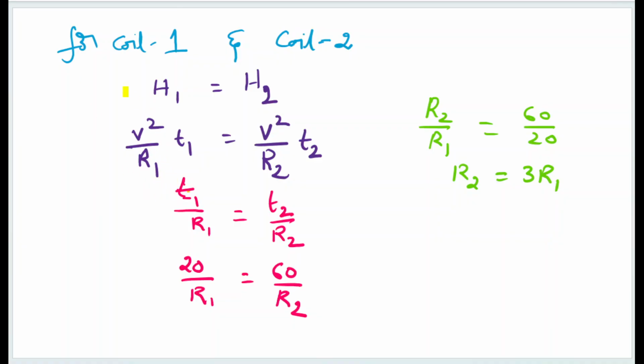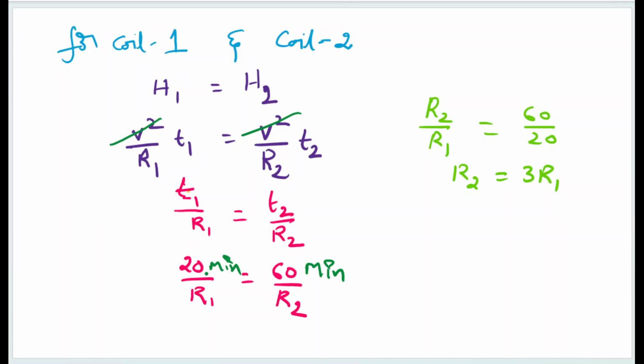They are connected to the same source of supply, so V square gets cancelled. So T1 by R1 is equal to T2 by R2. It is given in the problem that T1 is 20 minutes and T2 is 60 minutes. Substituting, minute gets cancelled: 20 by R1 is equal to 60 by R2.